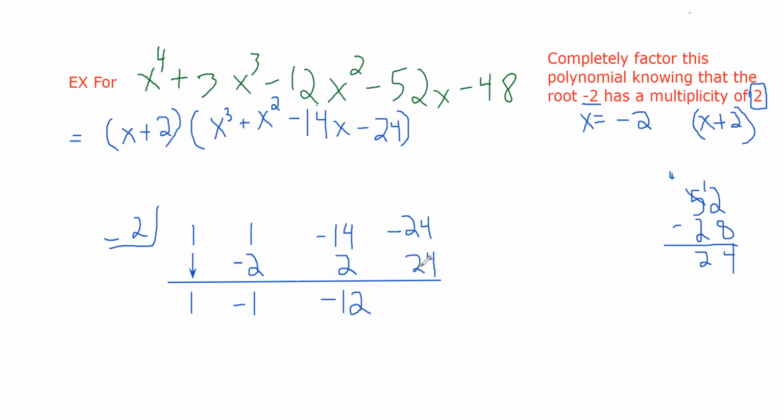And then -24 plus 24 is just 0, which is the remainder.